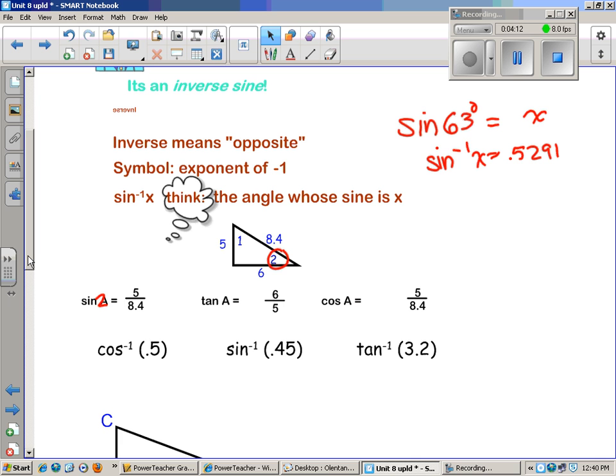All right, let's do it again. So let's do this one. To find out what angle has that tangent, the tangent of that angle is 6/5, that ratio.